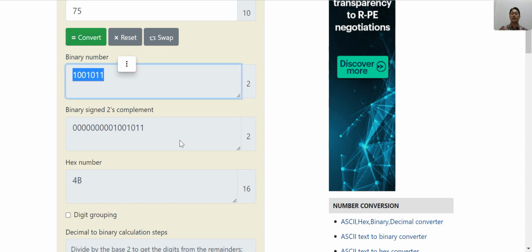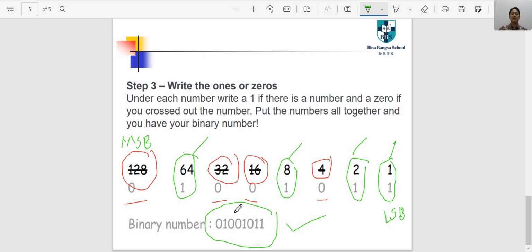Only 7 bits were given, because the leading zero can be omitted. But if the problem requires you to have the 8-bit binary equivalent, then this 0 is very significant. So that's correct already, and that would end my decimal to binary conversion.